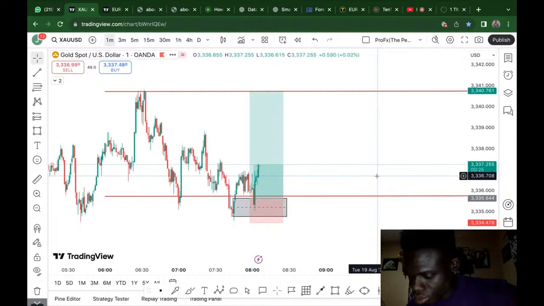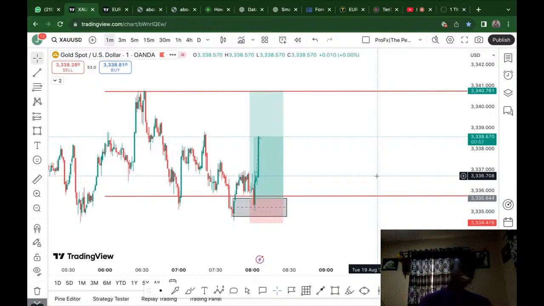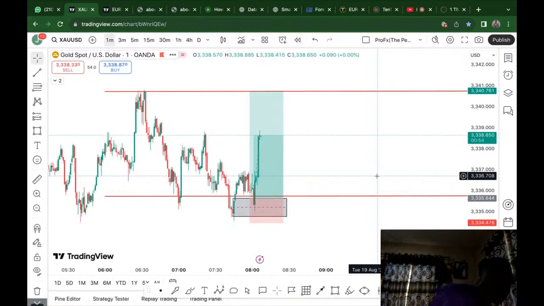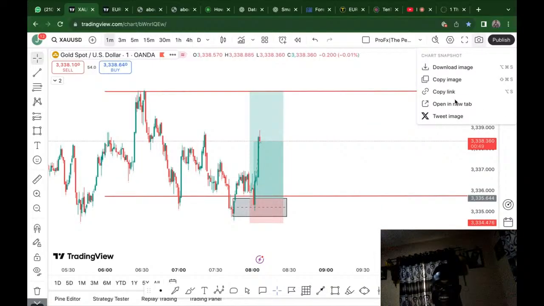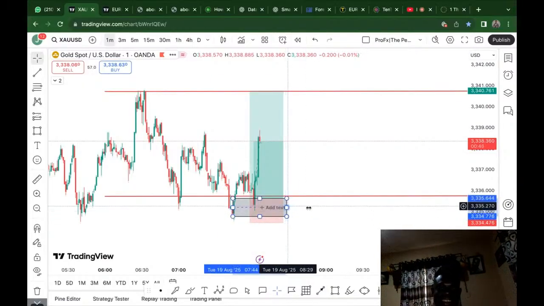Gold is already printing. It's a good buy. Still good.